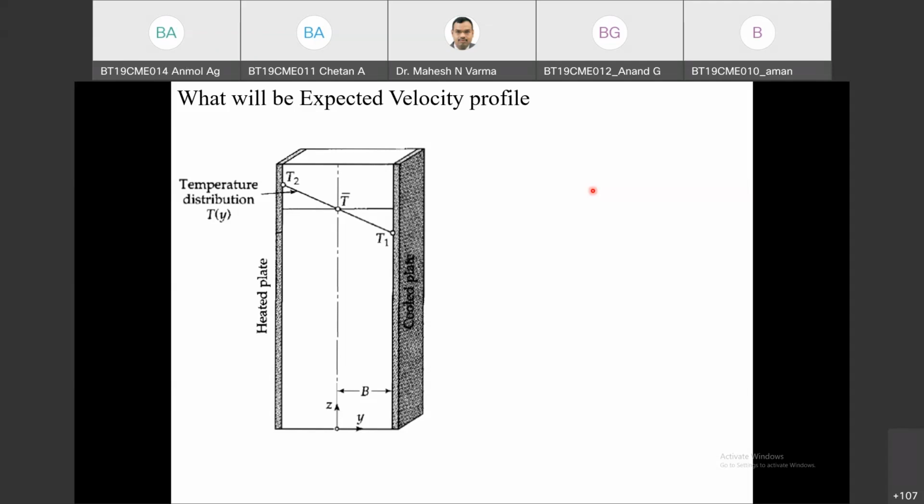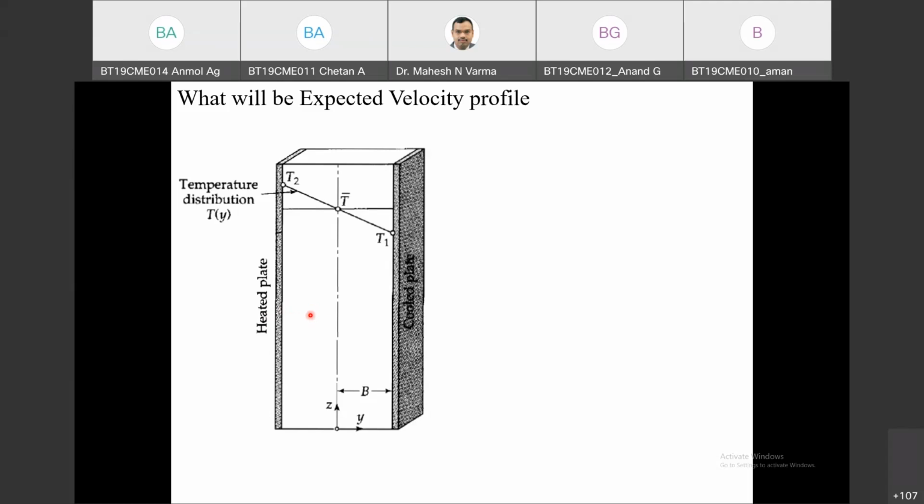The velocities at the surfaces will be equal to 0 because of the no slip boundary condition. Very good. And the maximum on each side will lie somewhere between the middle and one of the plates.